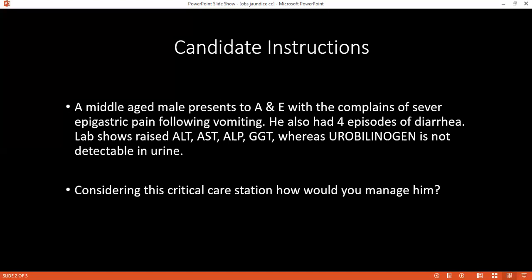What is the function of this ALP, alkaline phosphatase, which is raised in this particular patient's lab test? Or what does it signify? Alkaline phosphatase is an enzyme found in the epithelium of the biliary canaliculi.